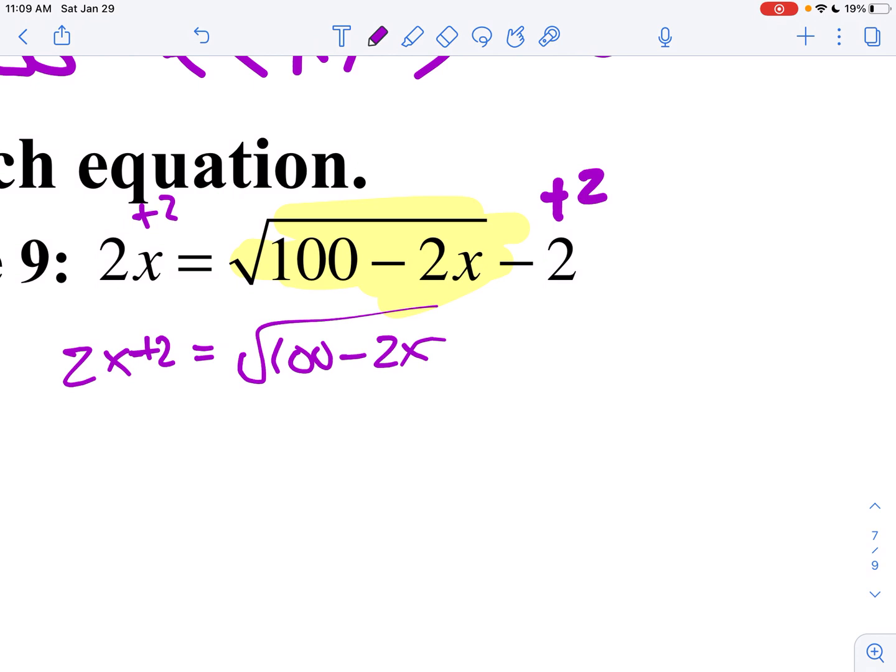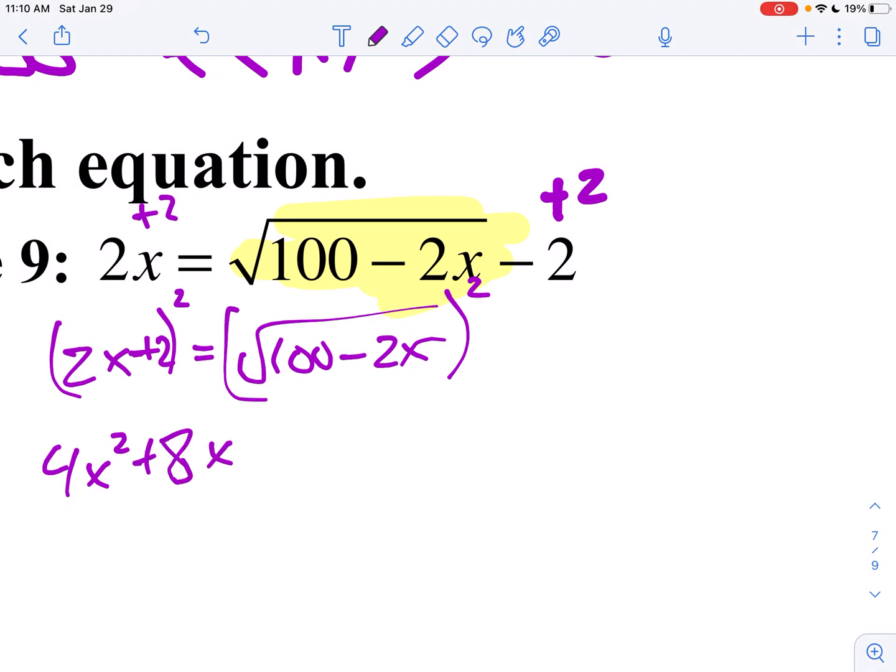Now the inverse operation of square root is squaring. So I'm going to square both sides. Since I square the left side, I'm going to get 4x squared plus 8x plus 4. That will be equal to 100 minus 2x because the square and square root cancel each other out. Since this is a quadratic, I'm going to set it equal to 0.